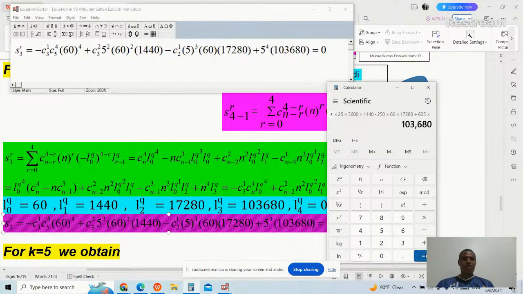So this has to be equal to 0, learners. You see, the value of S3 is 0.